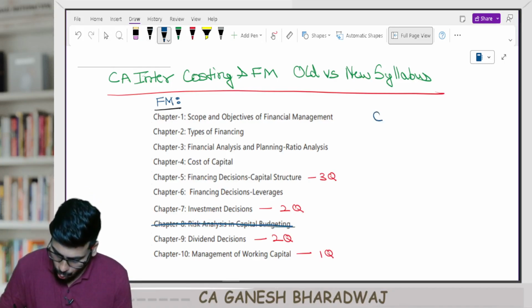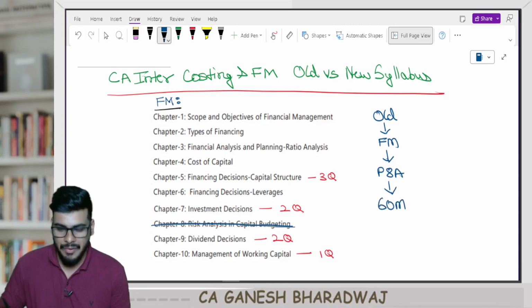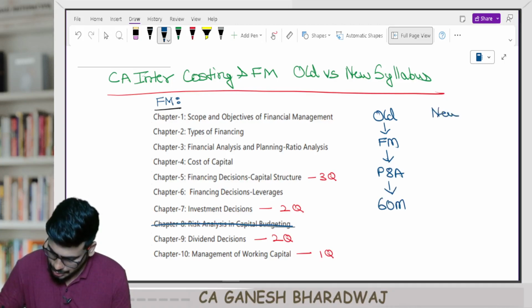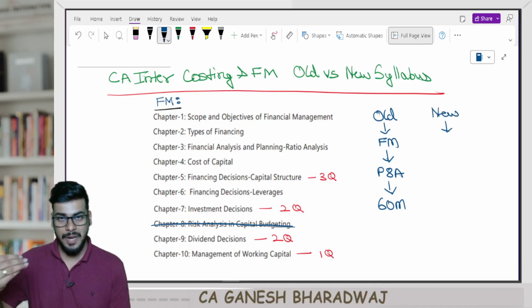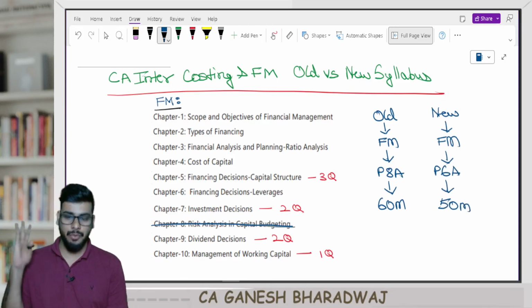Now, in the old syllabus, FM was tested under paper number 8A, right? And it was tested for 60 marks. Whereas in the new syllabus that is applicable from May 2024 onwards, financial management will be tested under paper 6A and it gets tested only for 50 marks. Are you clear with this?